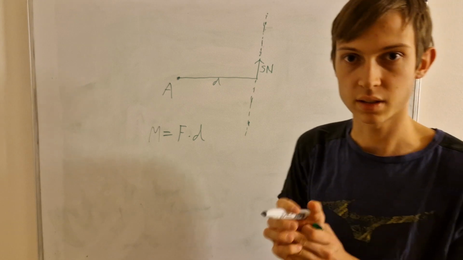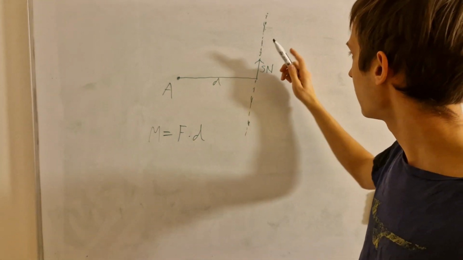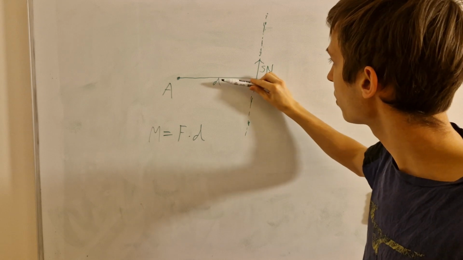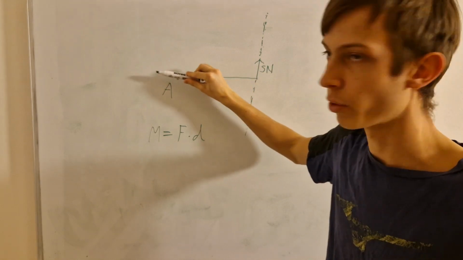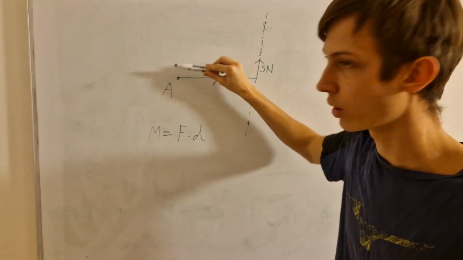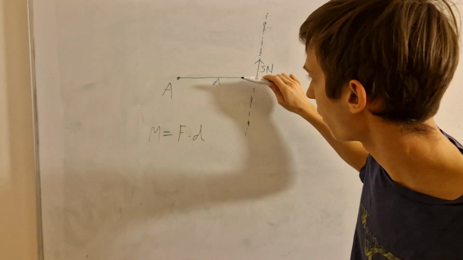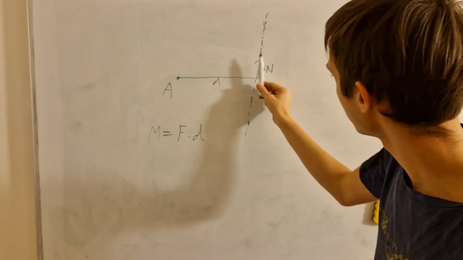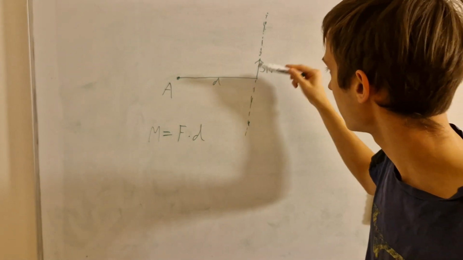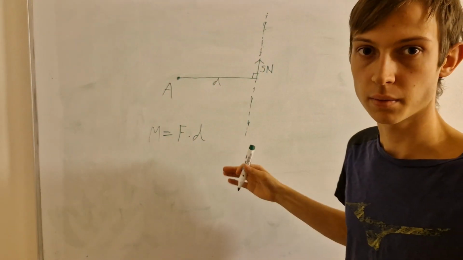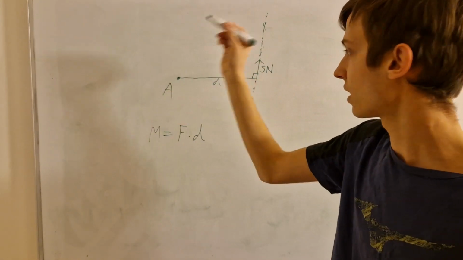The perpendicular distance is a line perpendicular to the force that goes directly to the point around which we want the moment. Because this body connects directly to the point, and the force is completely perpendicular to this line here, this distance is exactly what we need.